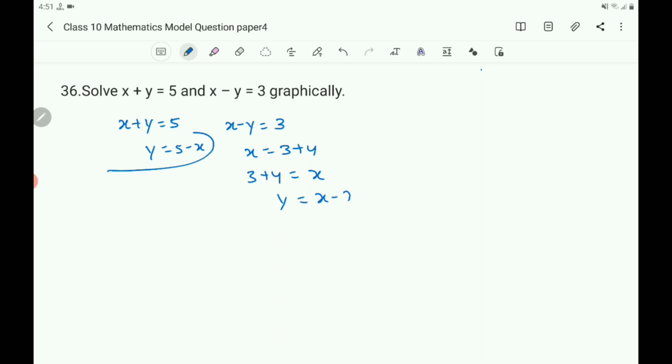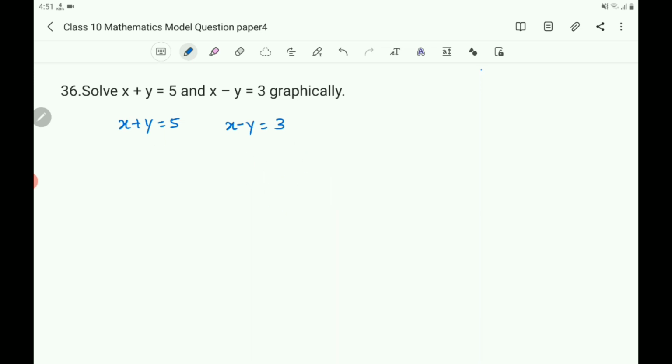So you got one equation y equals 5 minus x, and the other equation y equals x minus 3. Here both equations are converted into y equals. In this case you take a convenient value for x and the corresponding value for y. So that is left to you.